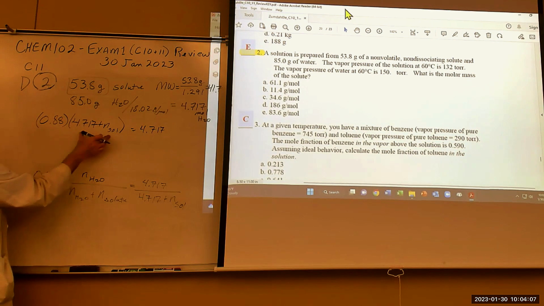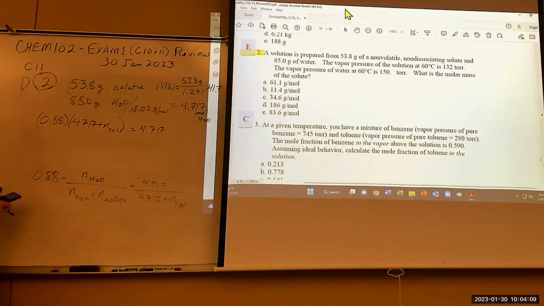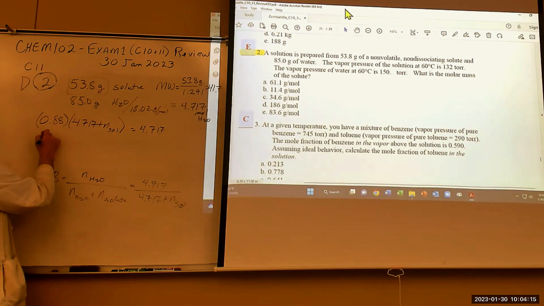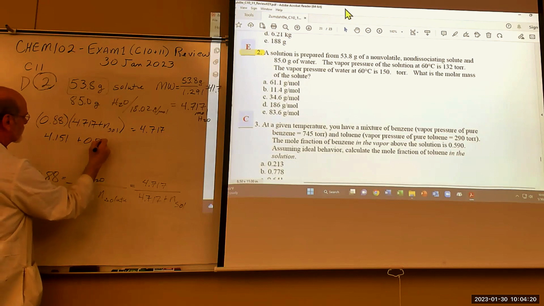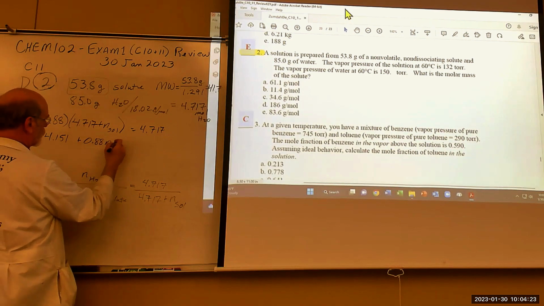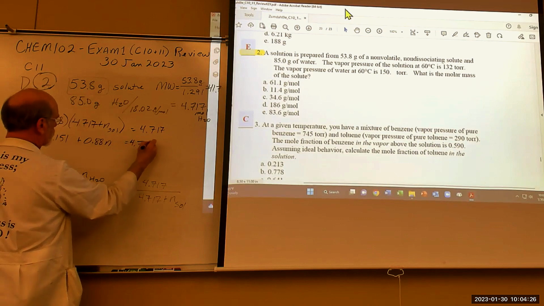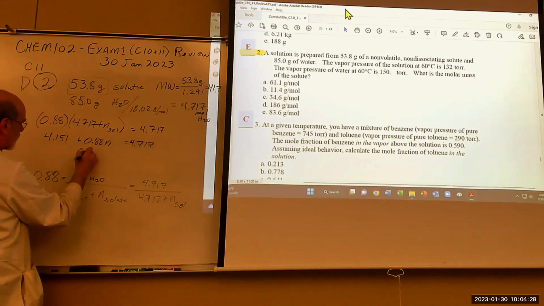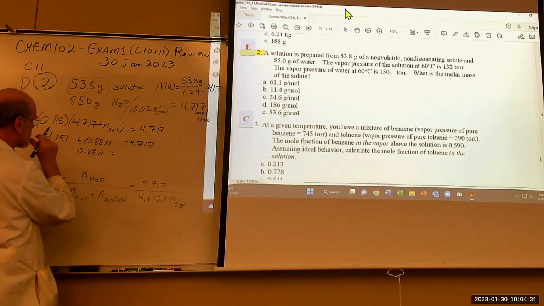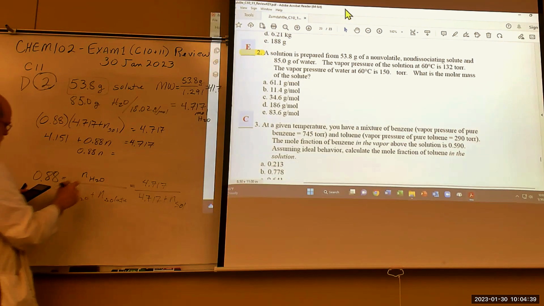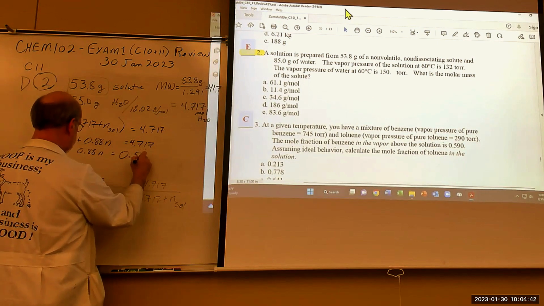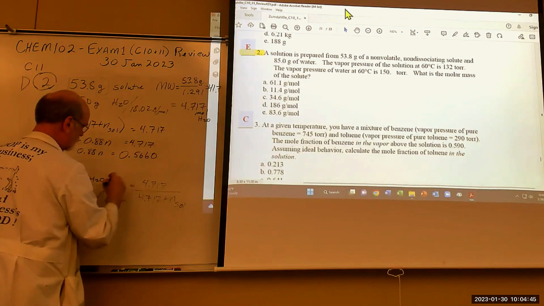So this times that and this times that. So this is 4.151 plus 0.88 moles of that equals 4.717. So 0.88 n equals this one minus that one. That was my mistake. 0.566.